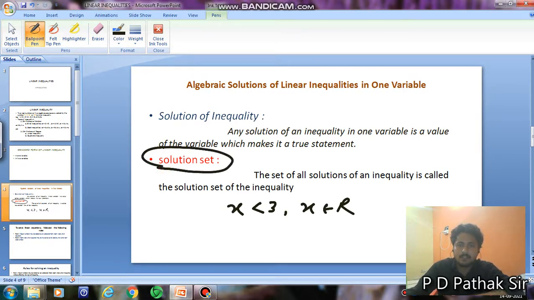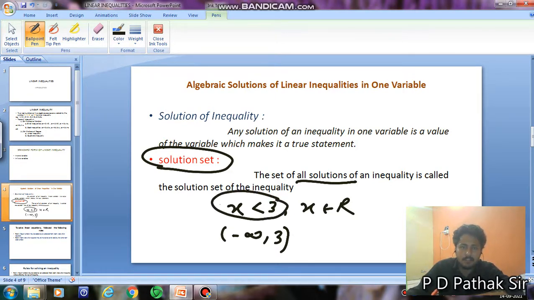See here, the set of all solutions of an inequality is called the solution set. So x less than 3 has infinitely many solutions, and if we are containing all these solutions, it means minus infinity to 3, where 3 is not included, so we have to take an open bracket. So the solution set for this inequality is minus infinity to 3.